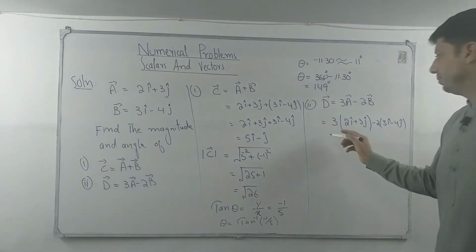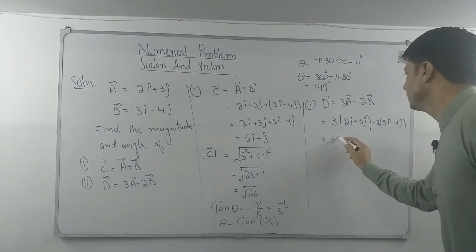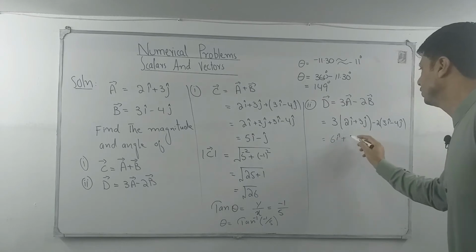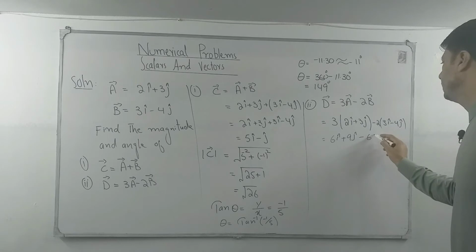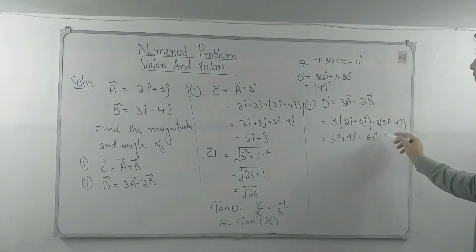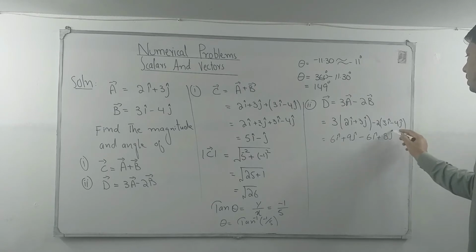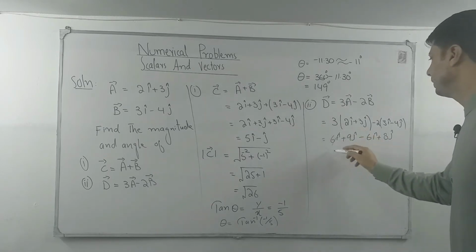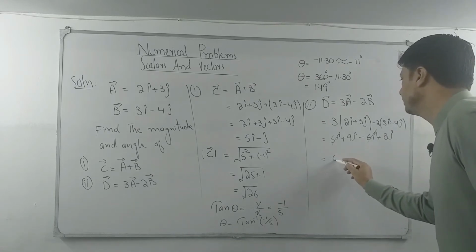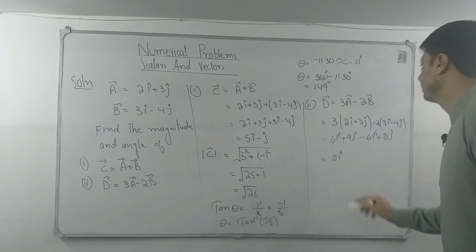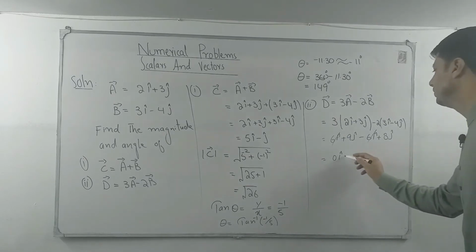Okay, now 3 2s are 6i plus 3 3s are 9j, minus 2 3s are 6i, minus minus plus 2 4s are 8j. The 6i will be cancelled out with the minus 6i. We will get 0i, and 9 plus 8 is 17j.